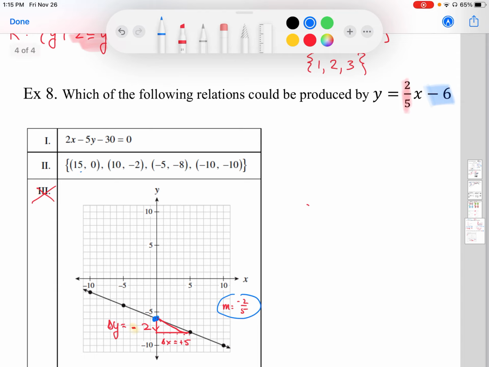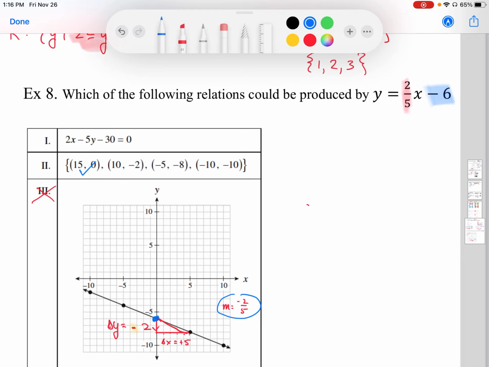When we take a look at the graph that's graphing the points (15, 0), (10, -2), (-5, -8), (-10, -10), we just have to make sure that every single one of those coordinates can be applied to this relationship. Now, if I put 15 in for x, I end up with 15 times 2 is 30, divided by 5 is 6, minus 6 is 0. So that point's okay.